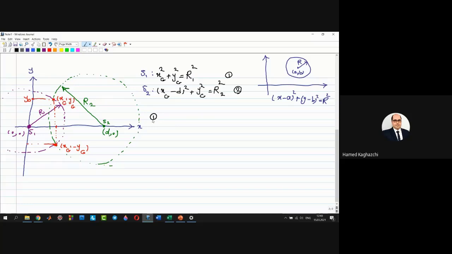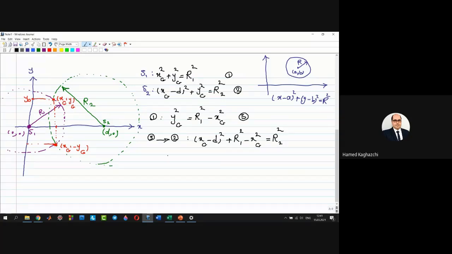From the first equation, I can write yg squared is equal to R1 squared minus xg squared. Substituting this into the second equation, I find (xg minus d) squared plus R1 squared minus xg squared is equal to R2 squared.